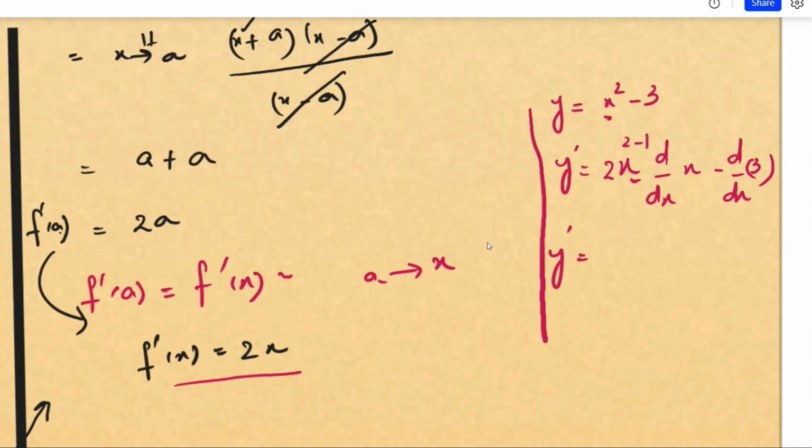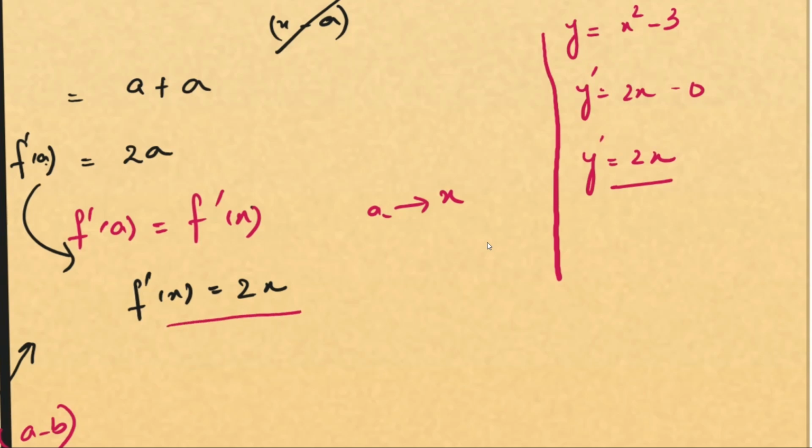So it would be 2 x raised to the power 2 minus 1, that is x to the power 1, and this constant will be 0. Derivative of constant is always 0. So minus 0, so y derivative is equal to 2x. Here the answers of this and this are same. It means our procedure is correct and the answer is right.